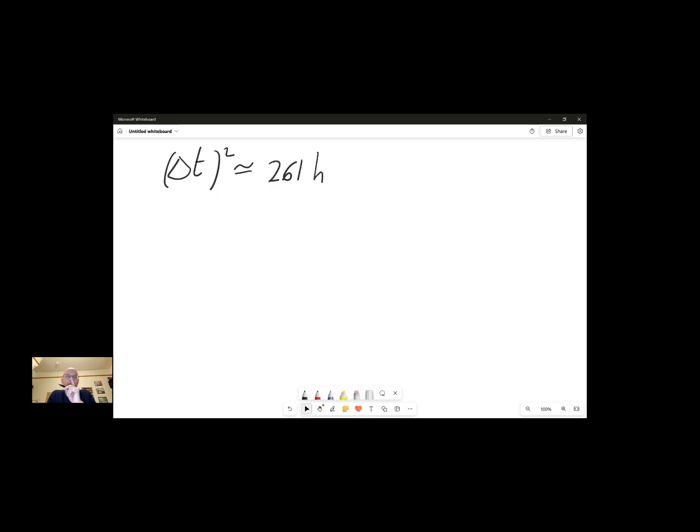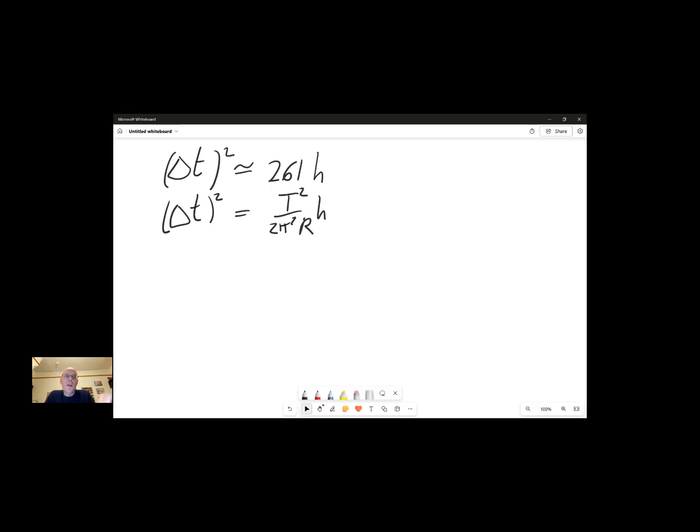Now, as we saw just a few seconds ago, in my derivation, delta T squared, for small angles, is a good approximation: T squared over 2 pi squared r times h.